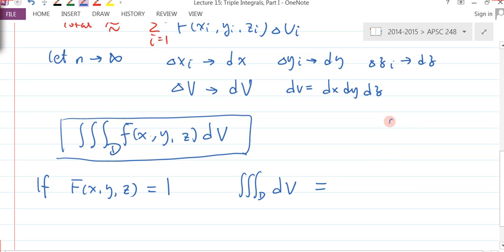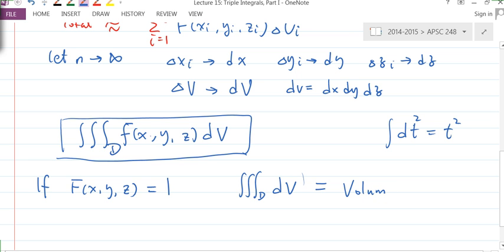You remember everything. If a single integral of dt gives you t, or t squared gives you t squared, then for a triple integral, it doesn't matter how many integrals you have. If there's nothing here and there's just a d something, it's going to give you back the something. So what you get here is the volume.